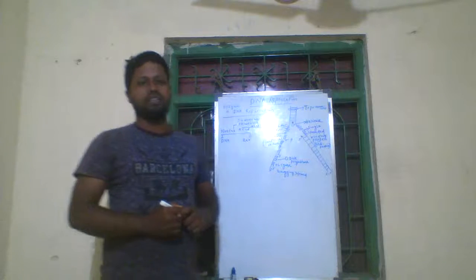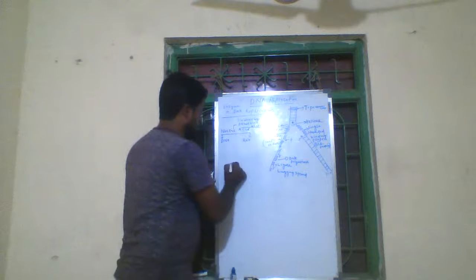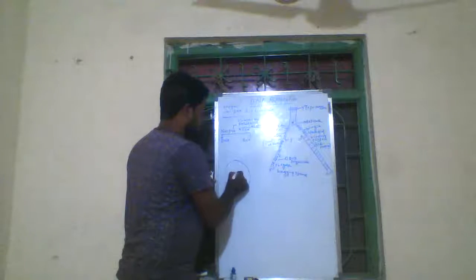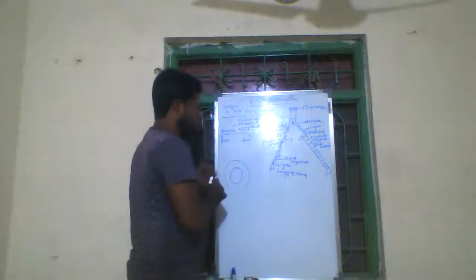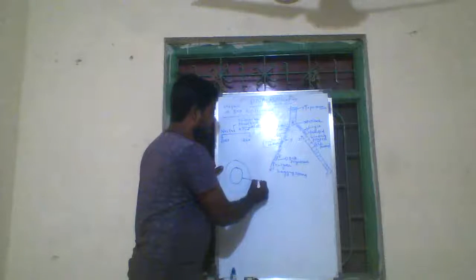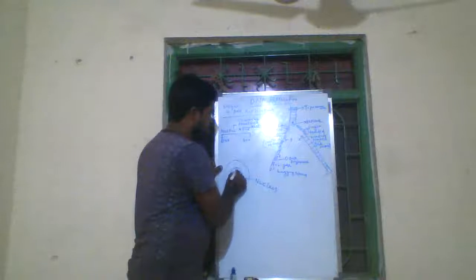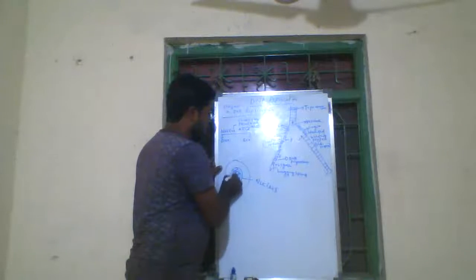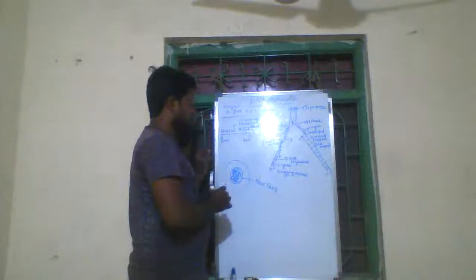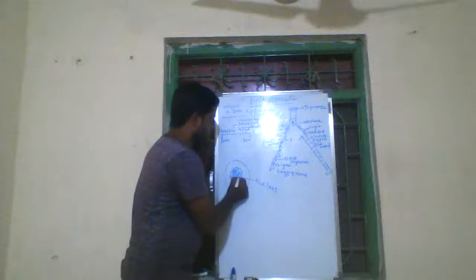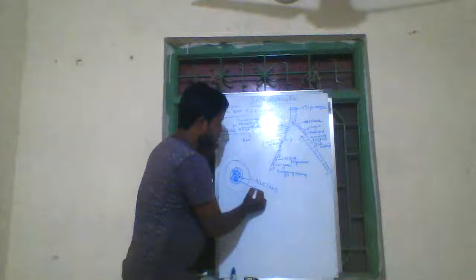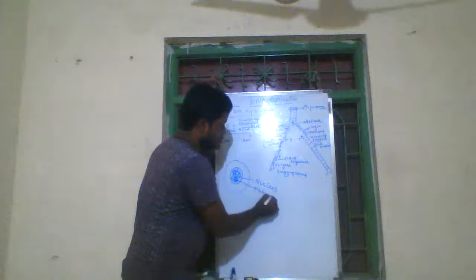So let's start. Suppose this is a cell and it contains a central core called the nucleus, and this nucleus contains a structure wrapped with a type of protein called histone protein.